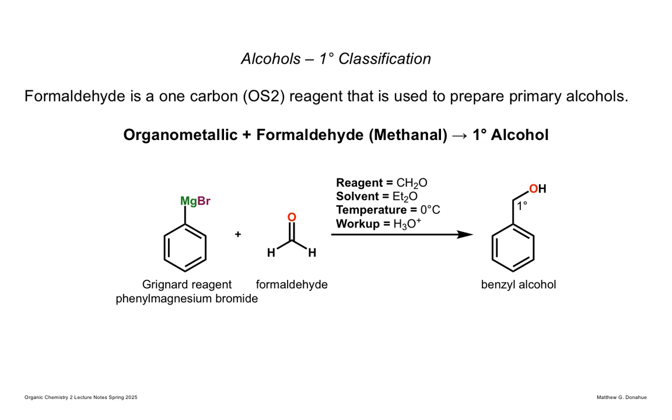So how does it look in the forward direction? So the Grignard reagent is called phenyl magnesium bromide. You can actually buy these things. So they come in a bottle. The bottle has a rubber septum on it.